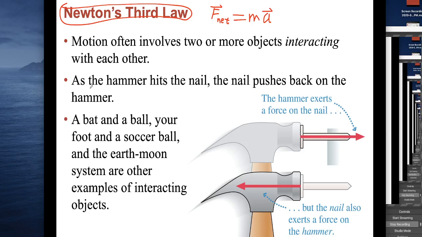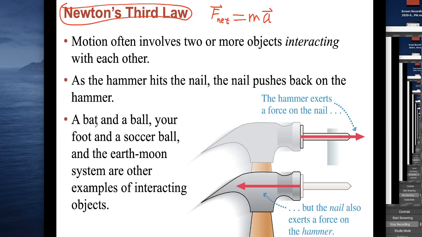For example, if you push a table forward, the table will exert another force on you, which is pushing you back. So if you push the table forward, the table will push you backward, like the hammer and nail.